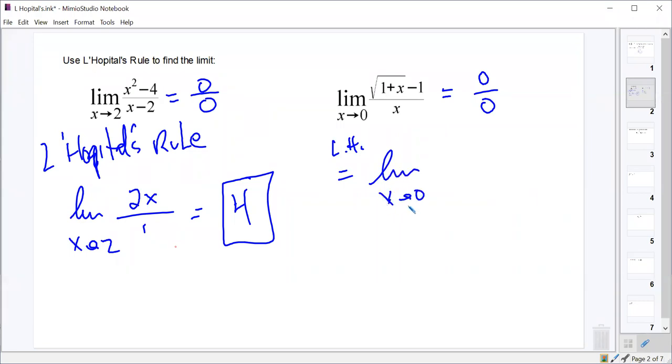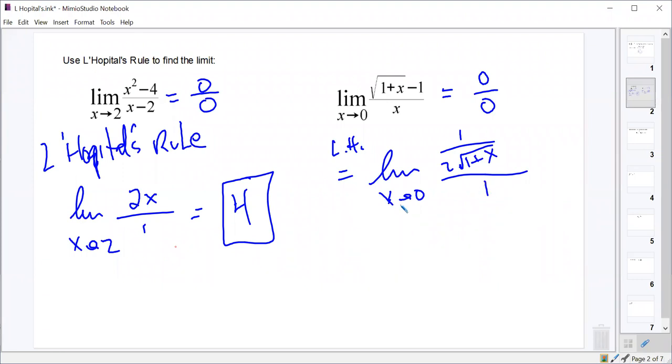The limit as x approaches 0. What's the derivative of root 1 plus x? 1 over 2 times the square root of x. Yep. Square root of 1 plus x, right? Not just x. And then minus 1 gives us what? 0. And then over just 1.